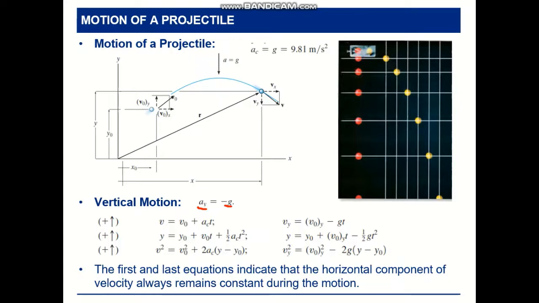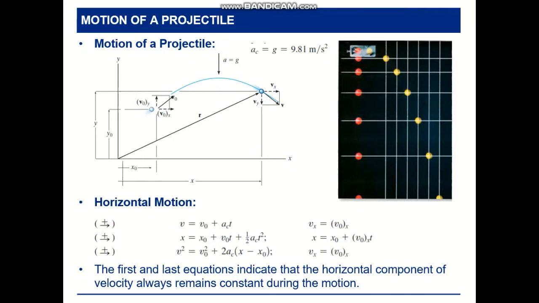If we go back to the horizontal motion, the acceleration in the horizontal part is 0, so we are just going to apply 0 here. In x direction, velocity is just the initial velocity of x, then the x position is initial position plus the constant velocity multiplied by time.